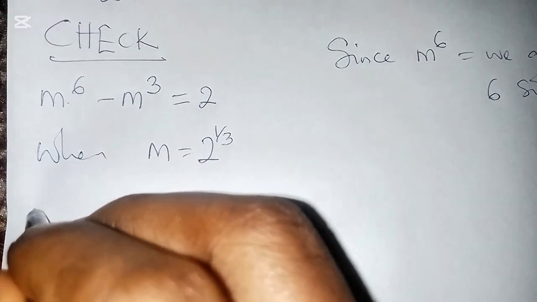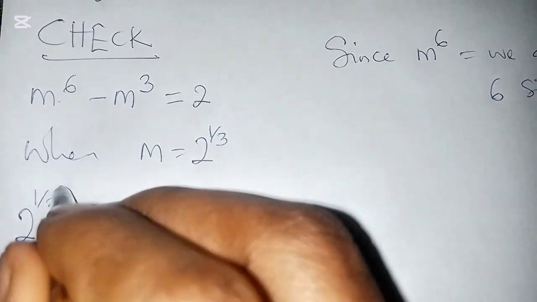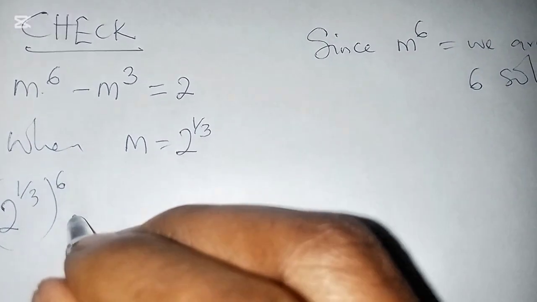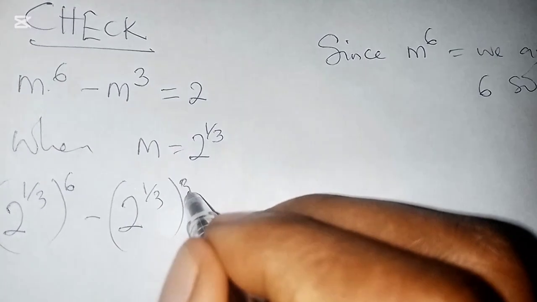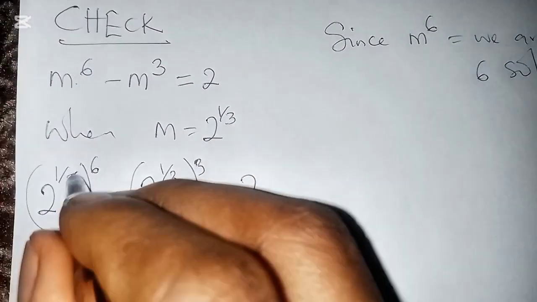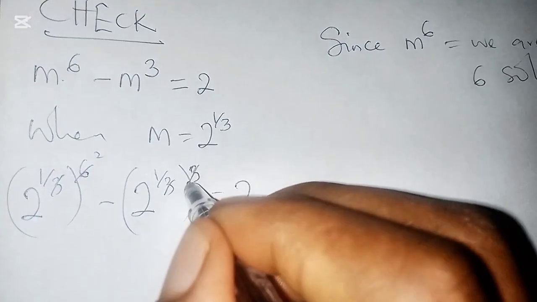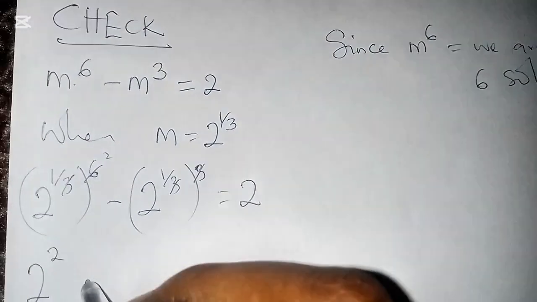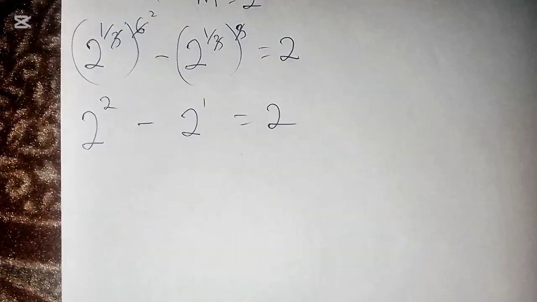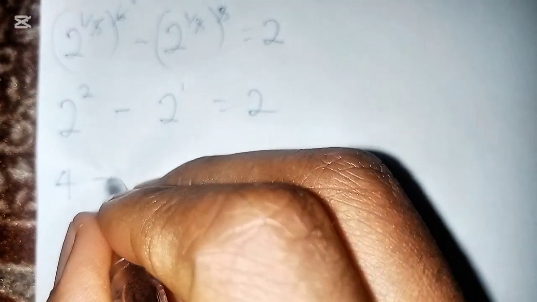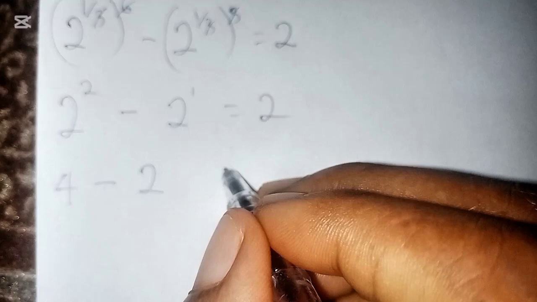Here we're going to start with m when m is 2 to the power of 1 over 3. So let's put that in and see if it will satisfy this equation. So 2 to the power of 1 over 3 all to the power of 6 minus 2 to the power of 1 over 3 all to the power of 3 equals 2. So 3 cancels 6, 2, 3 cancels 3, 1. 2 to the power of 2 minus 2 to the power of 1 equals 2. 2 to the power of 2 is 4 minus 2 to the power of 1 is 2.